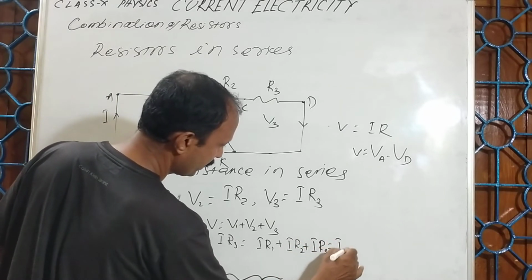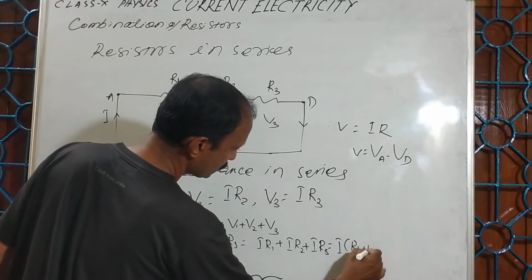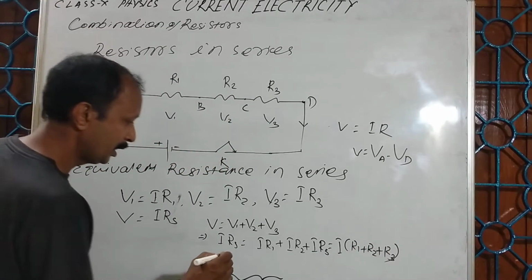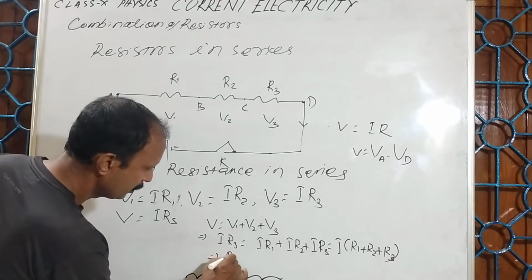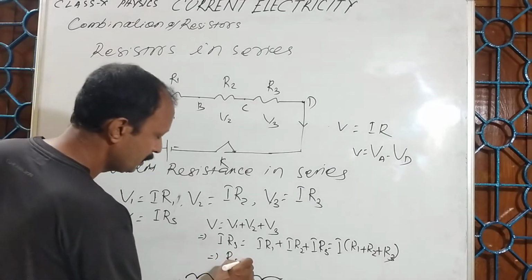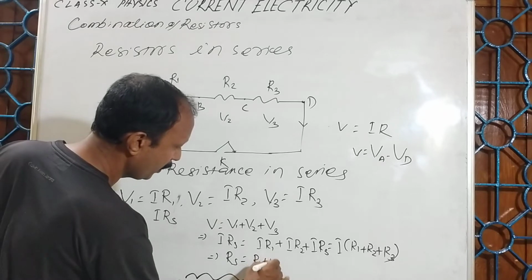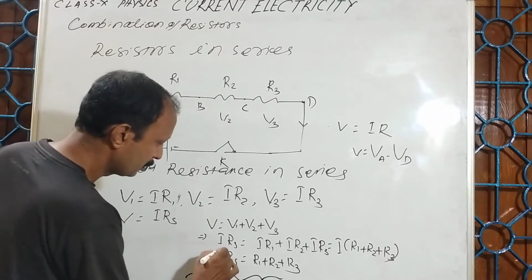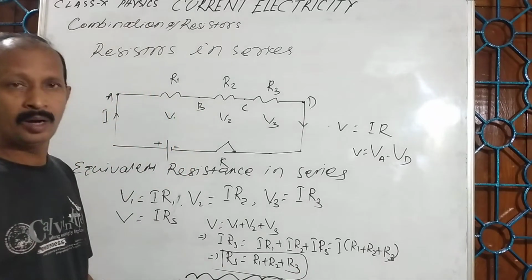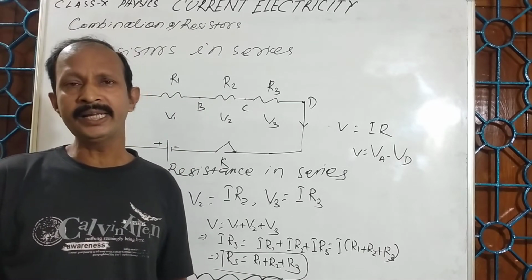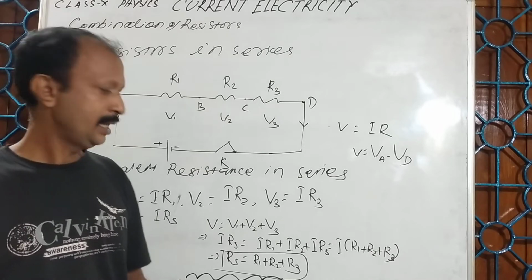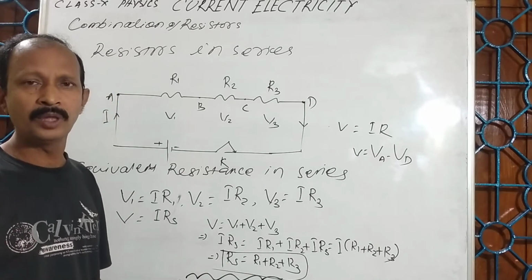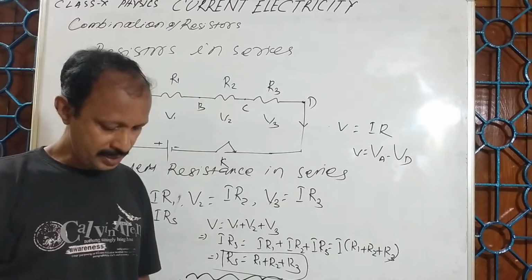If I take I common, this is I times R1 plus R2 plus R3, which implies that resistance in series RS is equal to R1 plus R2 plus R3. That means if the resistances are connected in series, the equivalent resistance is equal to the sum of the individual resistances.